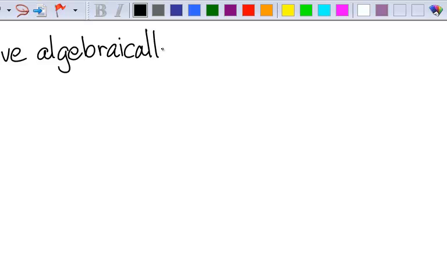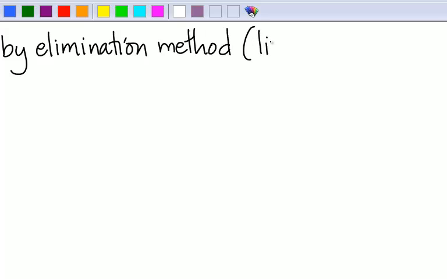A lot of this is just staying organized. I'm going to solve this algebraically by what you can call the elimination method. Depending on your author, some authors call it linear combination.